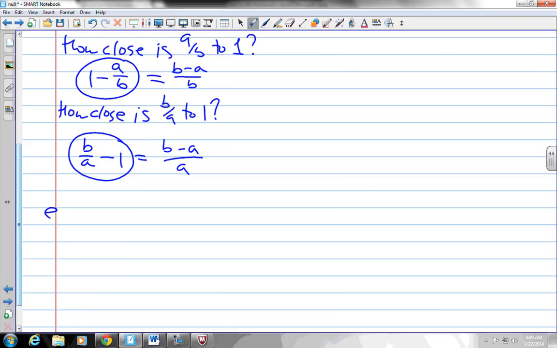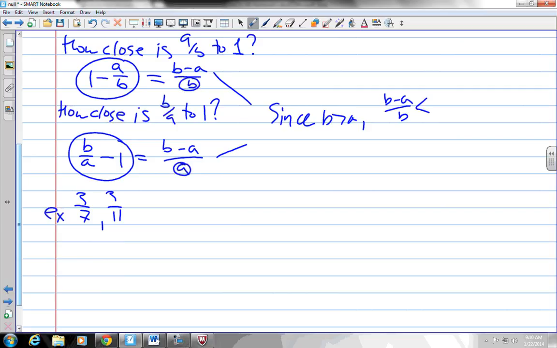for example, 3/7 and 3/11, which one is smaller? 3/11. The one that has the largest denominator is smaller. So which number is bigger, B or A? B, right? Since B is greater than A, we know that B minus A over B is less than B minus A over A. So therefore, A over B is always closer.